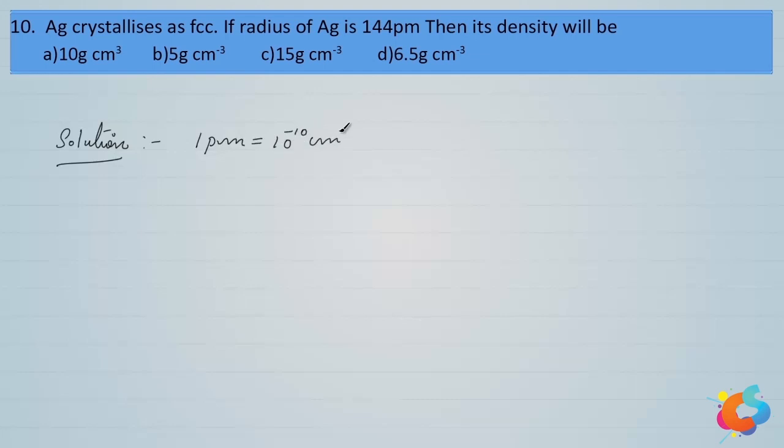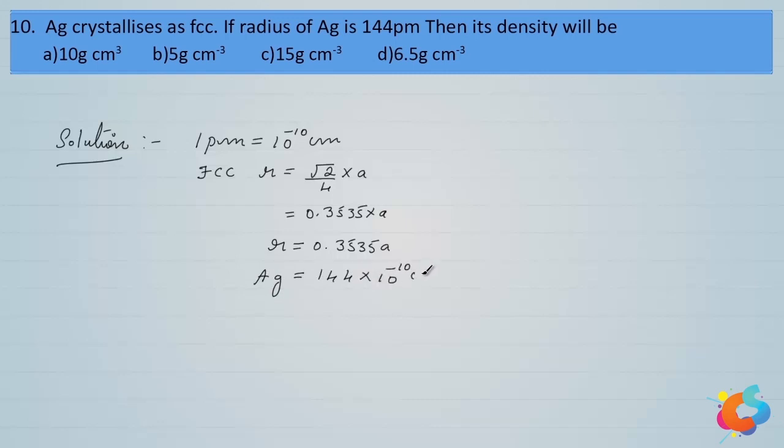Then, for FCC, radius R is equal to root 2 by 4 into A, where root 2 by 4 can be simplified as 0.3535 into A. Therefore, R is equal to 0.3535 A. Now, let us consider the radius of silver, 144 into 10 to the power minus 10 centimeter.